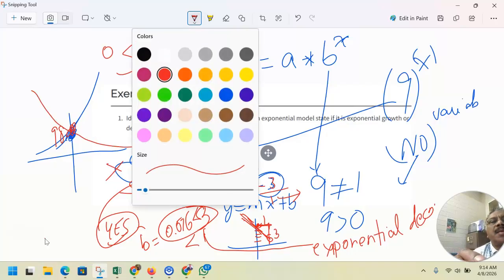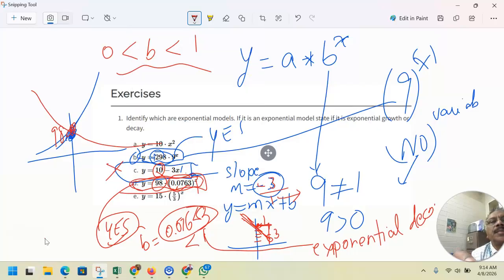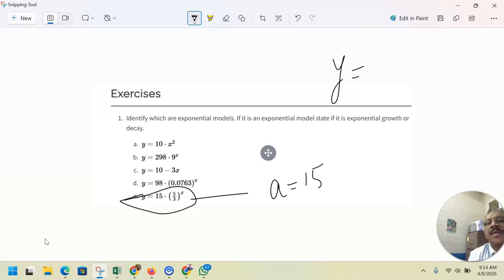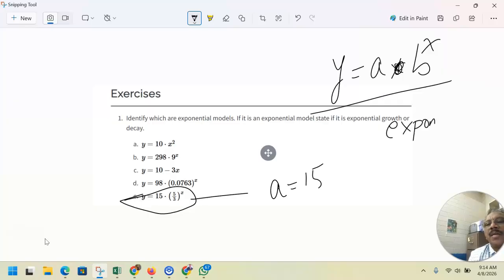And the last one is this piece. Again, you have a is 15 when you compare to the exponential function b raised to x. Now, function means we use the letter f.